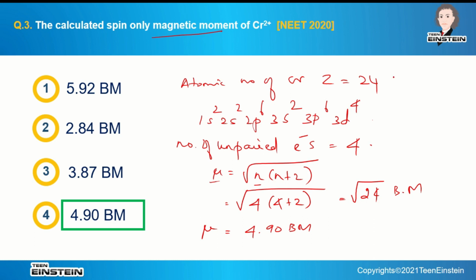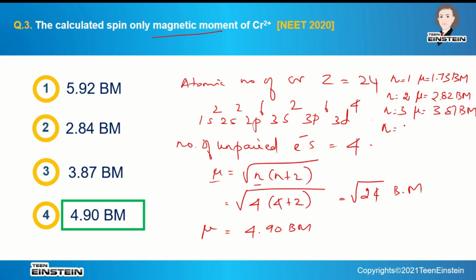So for n equal to 1, that is when the unpaired electron is 1, the mu value is 1.73 Bohr magneton. When the unpaired electrons are 2, the magnetic moment is 2.82 Bohr magneton. When unpaired electrons are 3, the magnetic moment is 3.87 Bohr magneton.